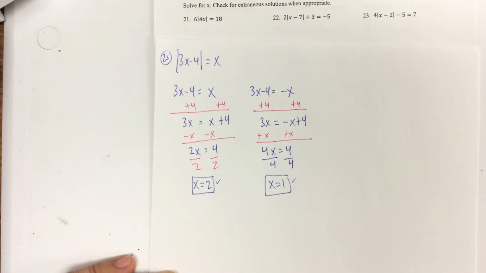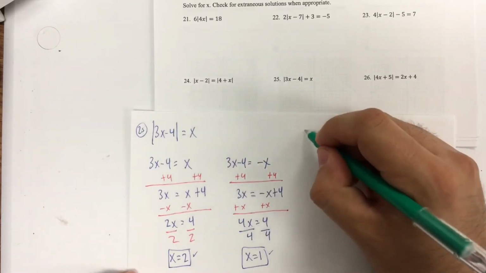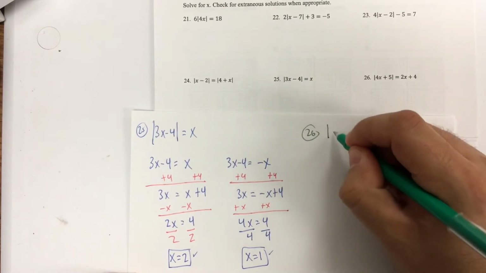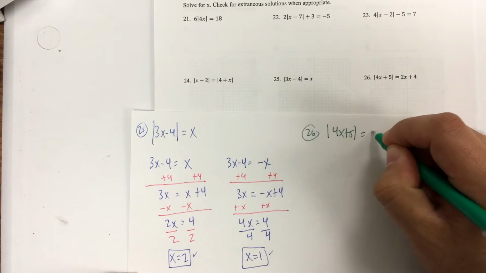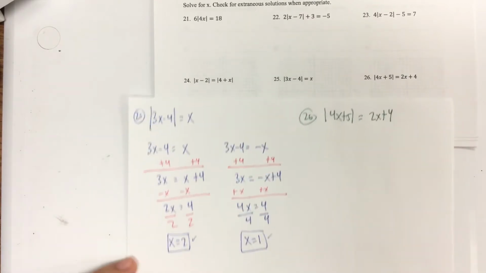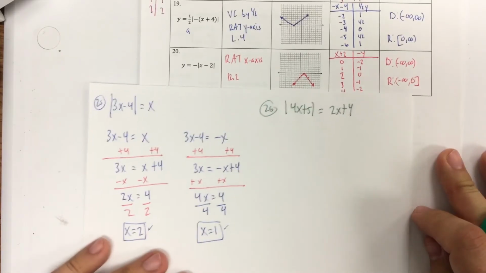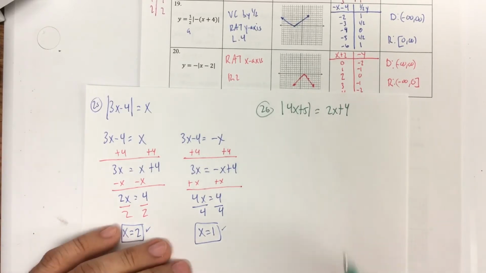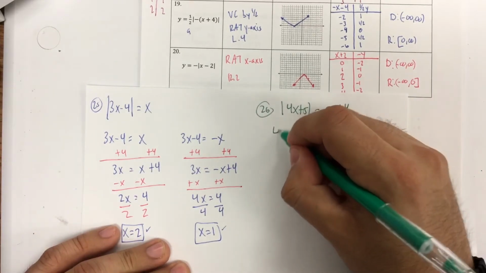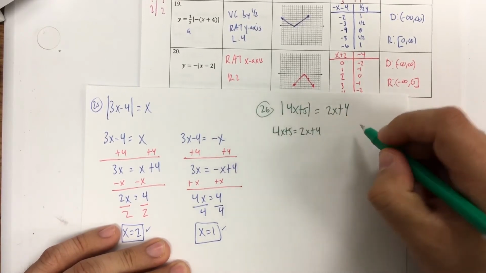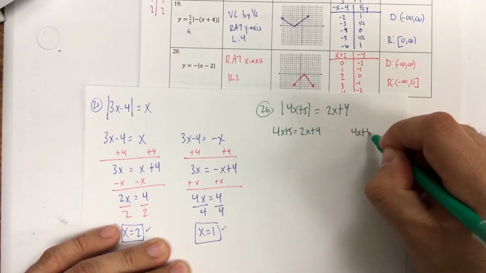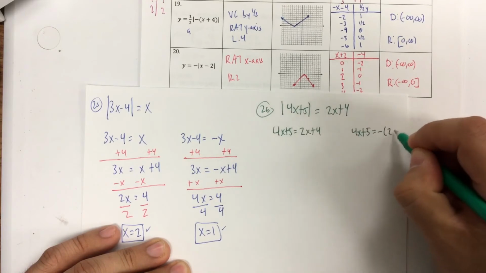All right, we're down to the last problem from the front, which is going to be number 26. So the absolute value of 4x plus 5 equals 2x plus 4. For this one, once again, it's isolated here. So we're going to write the positive case, 4x plus 5 equals positive 2x plus 4. And the other one will be 4x plus 5 equals negative parentheses 2x plus 4.